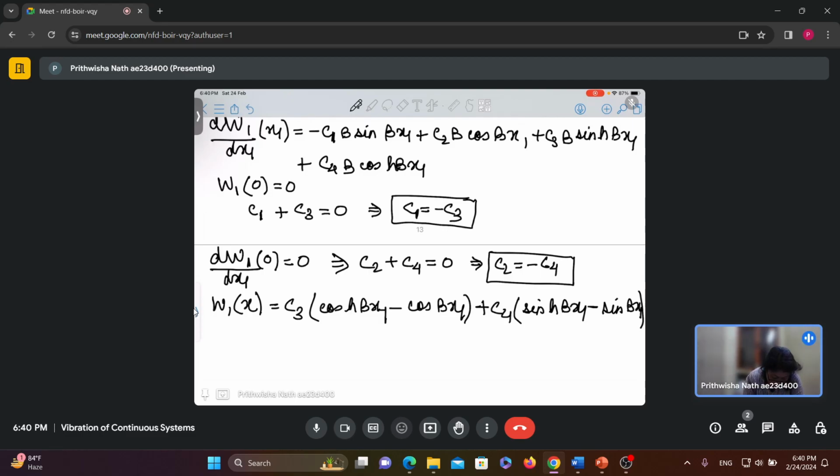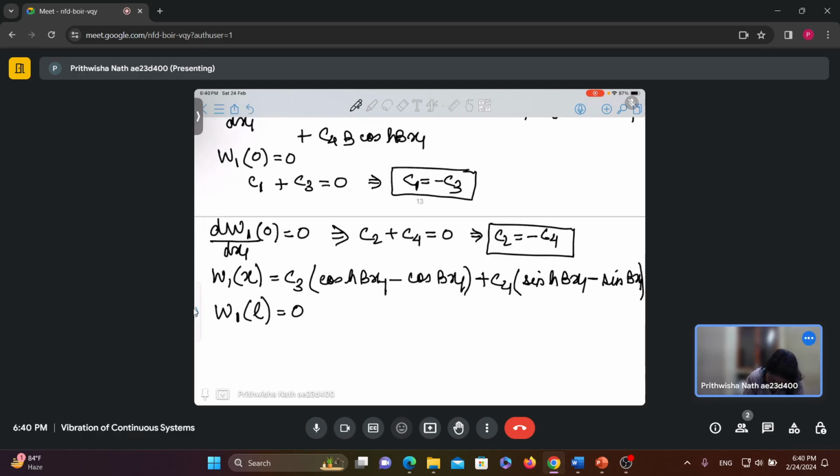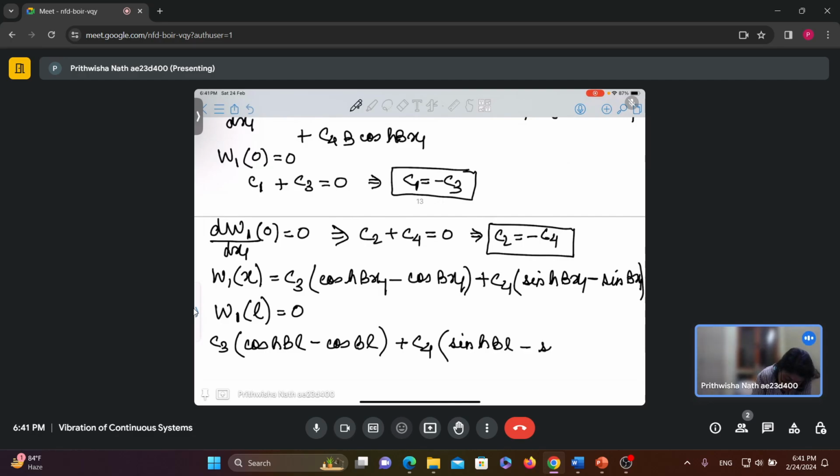Now at the point L, W1 is 0. So what can I write from here? C3 times cos hyperbolic beta L minus cos beta L plus C4 times sin hyperbolic beta L minus sin beta L equals 0.